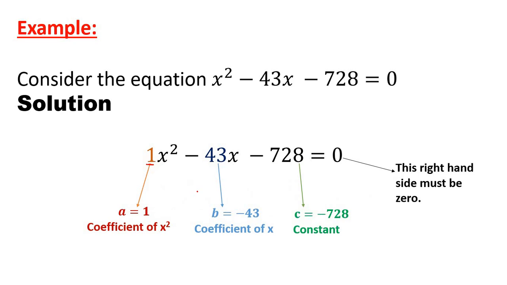So here our coefficient of x squared is 1, so our a is 1. Then our b is minus 43. If you have a negative, recognize the negative. The constant term is also negative, minus 728. And remember, the right hand side must be 0. Is that clear?